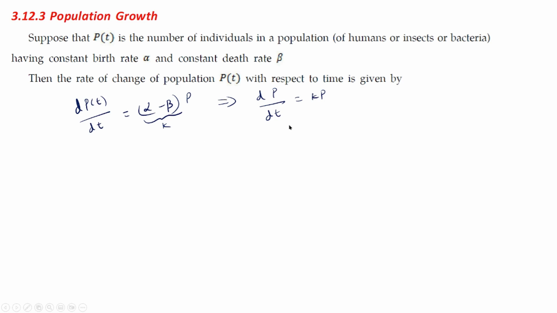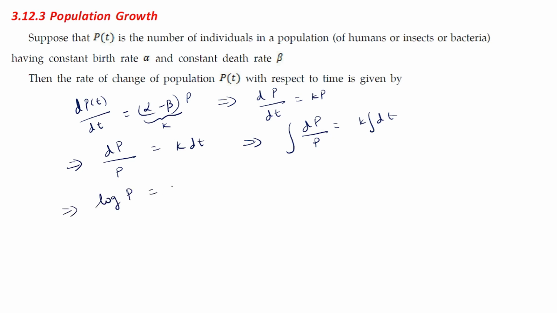Here we can see that this is of the form dP/dt as a function of P. So we know how to solve this differential equation. From this we get dP/P = K dt. We can integrate both sides: integral dP/P = K integral dt, or we get log P = Kt + C. This is log P to the base e.